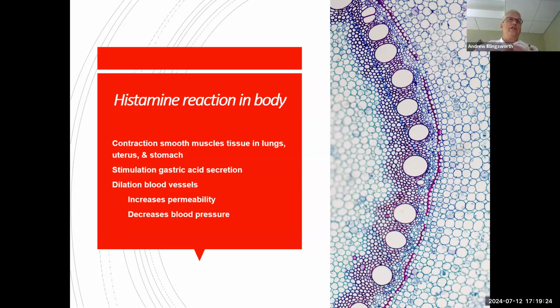So histamine in the periphery, in the arms, in the legs, in the skin, actually causes major vasodilation. So the blood starts to pool, and it increases permeability of the cells. That actually causes leakage of fluids into the interstitial spaces of the cells and then through the cellular walls.